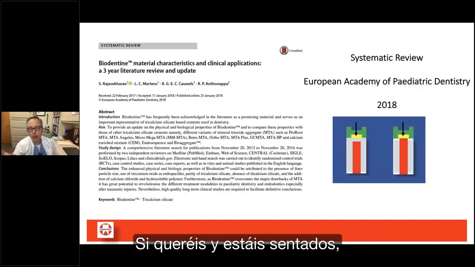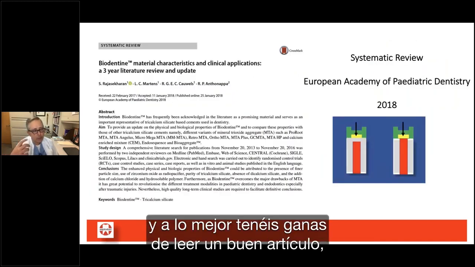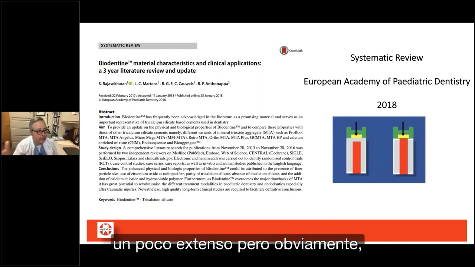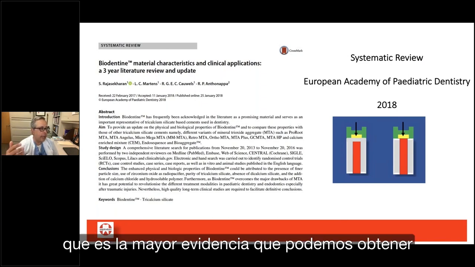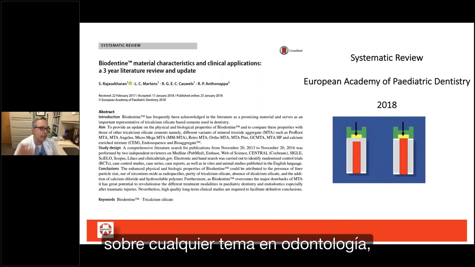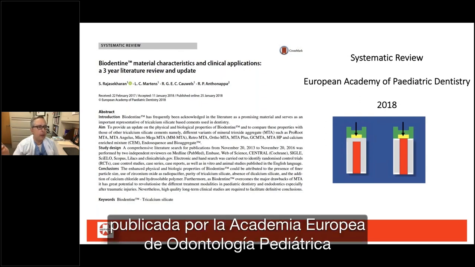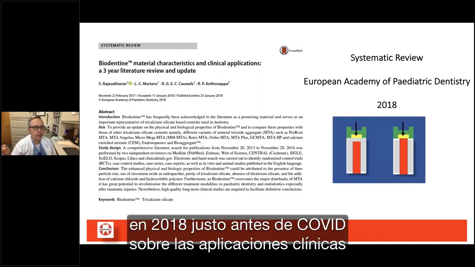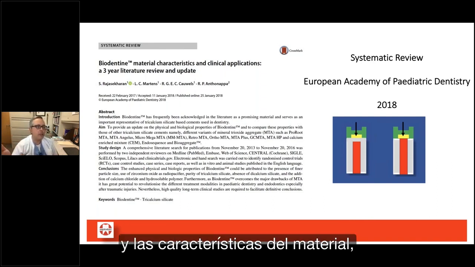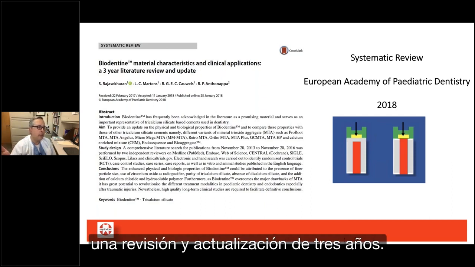If you want to read something a little bit extensive, this is a systematic review, which is the highest evidence that we can get about any topic in dentistry. It was published by the European Academy of Paediatric Dentistry in 2018, just before COVID, about the clinical applications and material features, a 3-year literature review and update.